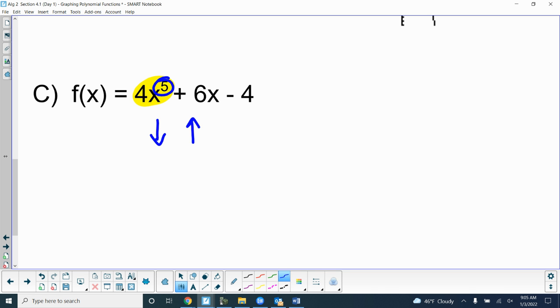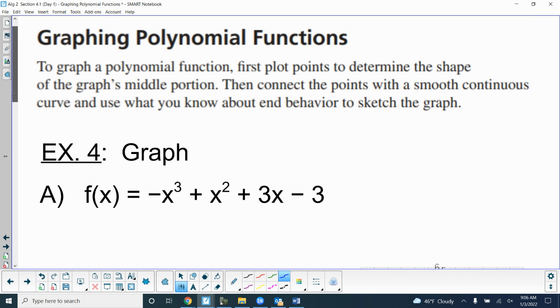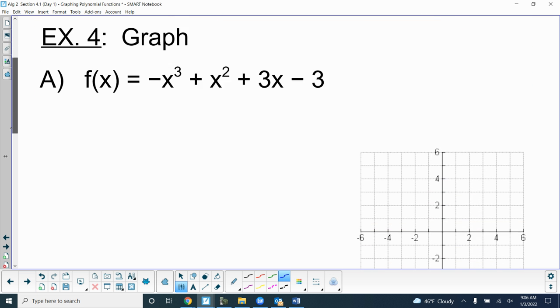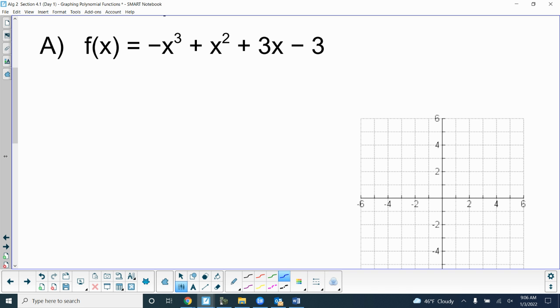All right? Making sense? All right, so one more thing. You're supposed to graph these. Well, graphing them you can do on your calculator, right? So you can just do it on your calculator. Now, just to give yourself an idea, what's going to be happening at the far right? Down, right? So over here somewhere, the far right is going down. What's happening at the far left?